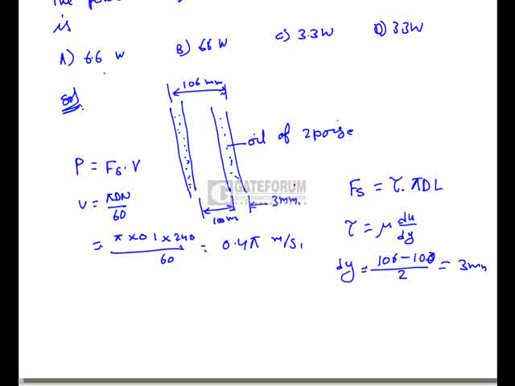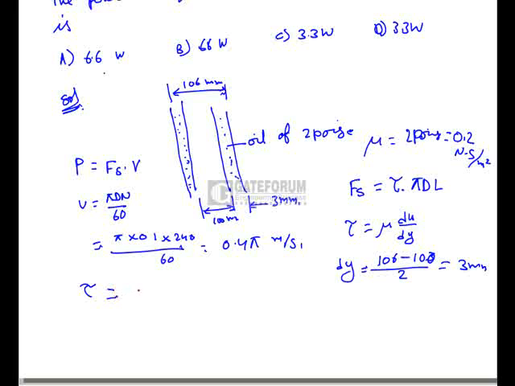Now substitute all the values here, and already we know that mu is equal to 2 poise. 2 poise is nothing but 0.2 Newton second per meter square. Now substitute all the values in the shear stress equation.